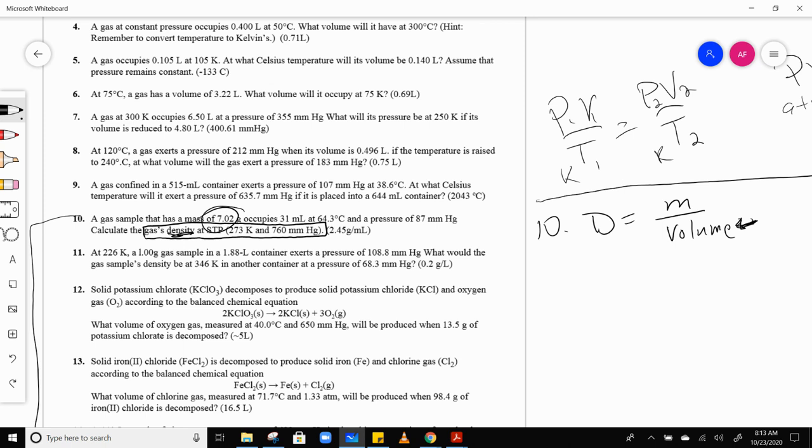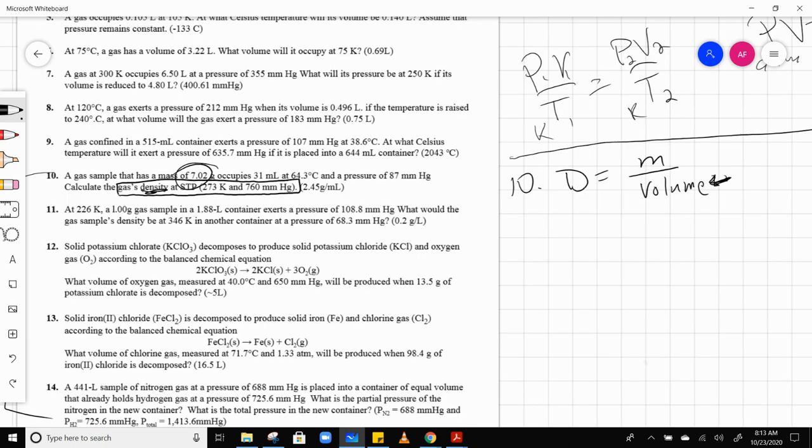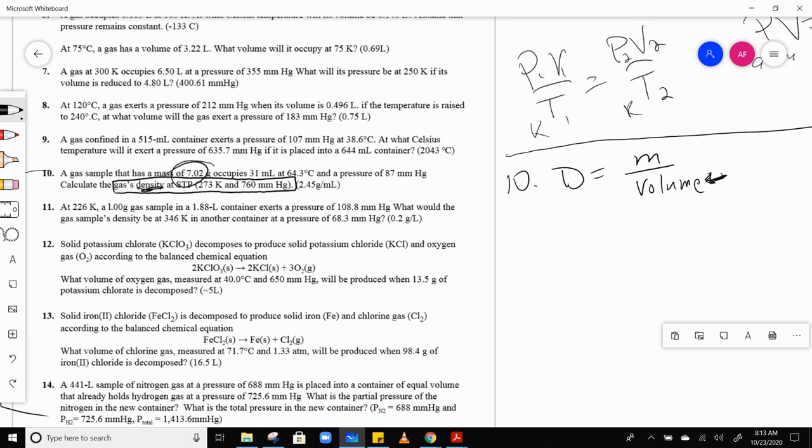Okay, we need to know volume at that temperature and pressure. Now there's actually two ways to do this. Yesterday I taught you the PV equals nRT way, because we're looking for volume. Let me go over both ways.